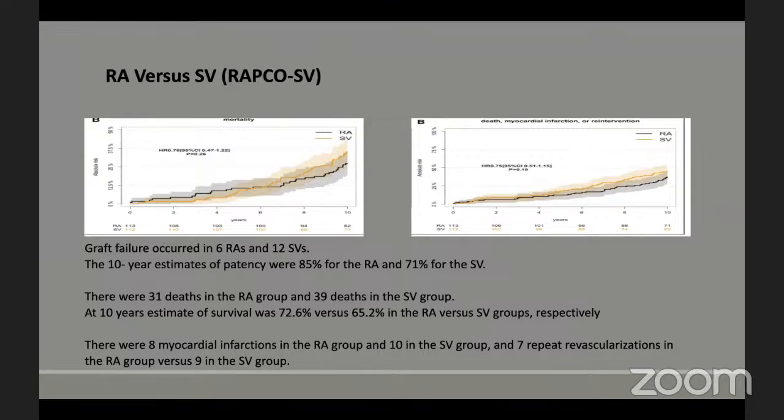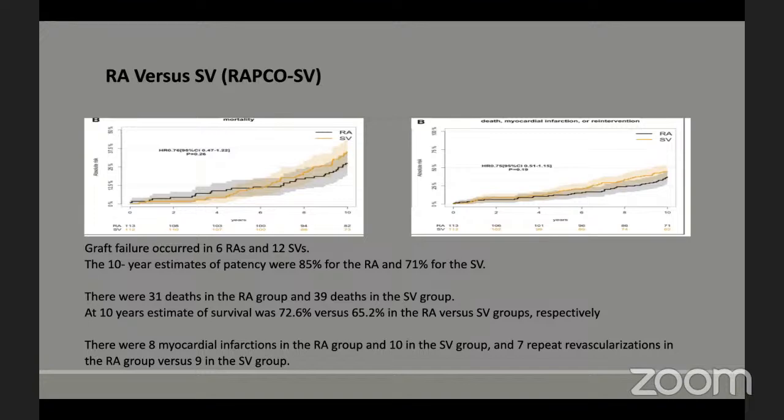There were 31 deaths in the radial artery group and 39 deaths in the saphenous vein group. 10-year survival was 72.6% versus 65.2% in the radial artery versus saphenous vein group, respectively. There were 8 myocardial infarctions in the radial artery group and 10 in the saphenous vein group, and 7 repeat revascularizations in the radial artery group versus 9 in the saphenous vein group.